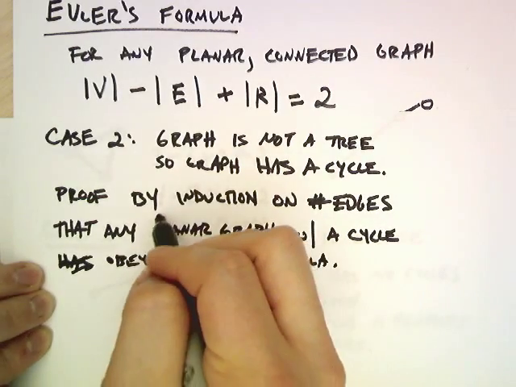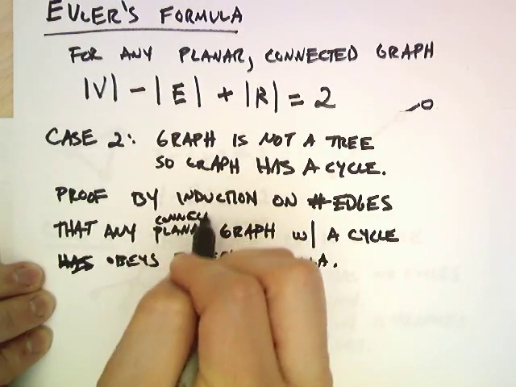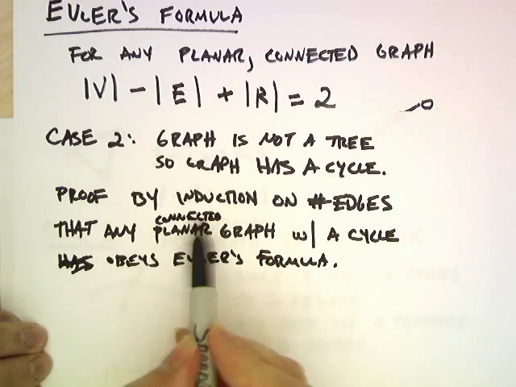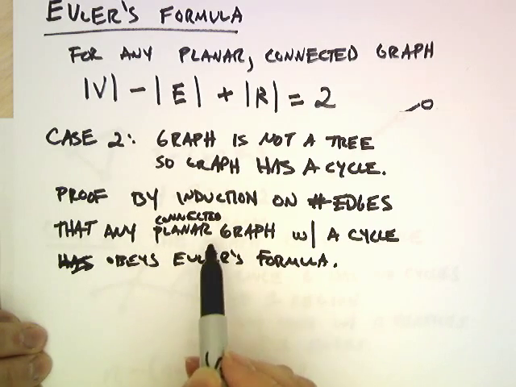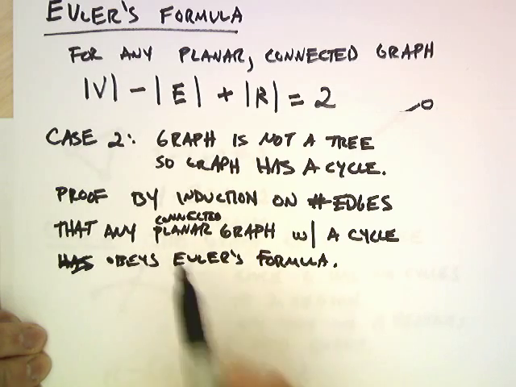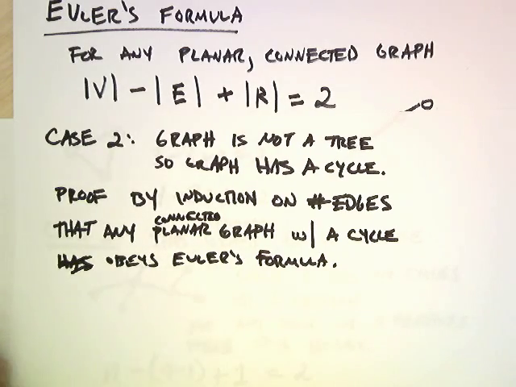And again, these are any connected planar graph with a cycle. Even in case 1, we used the fact that the tree was connected because we said there was only one outer region. So if it wasn't connected, there would be more than one outer region.